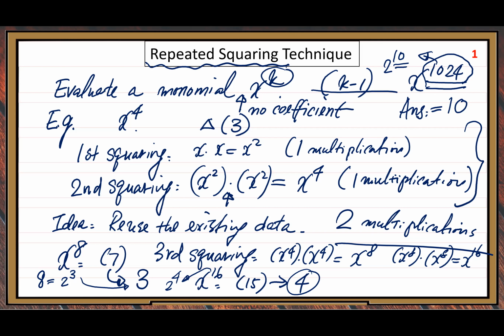So after today's class, when you go home, think about how to use repeated squaring if k is not a power of 2. You still use repeated squaring to try to use the minimum number of multiplications to find the value of a monomial.